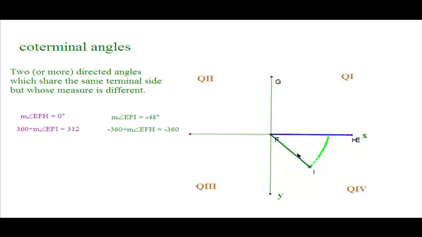Also, we could have gone around 720 degrees, or 2 revolutions before we came to rest at this terminal side. 720 plus 48, negative 768 degrees.